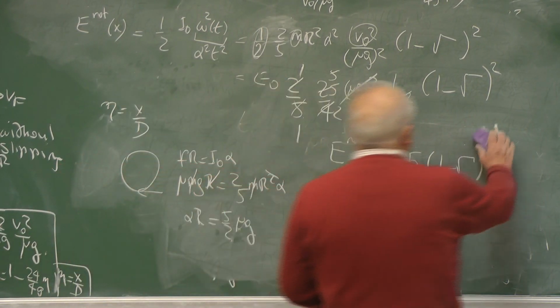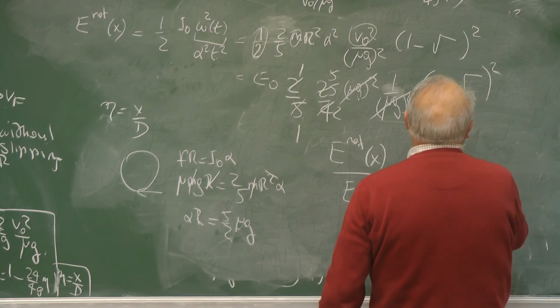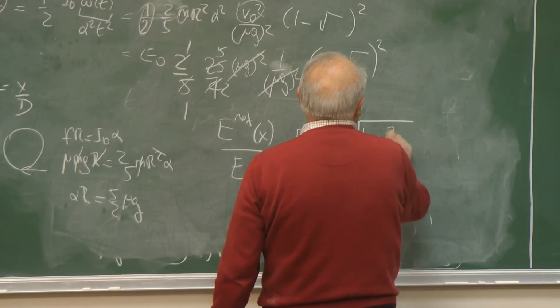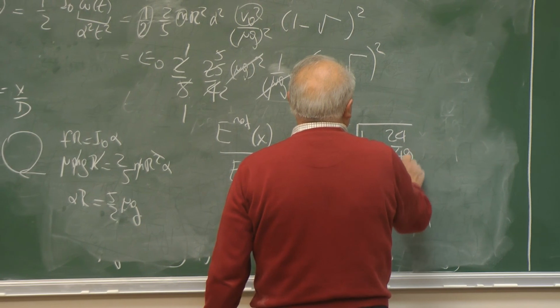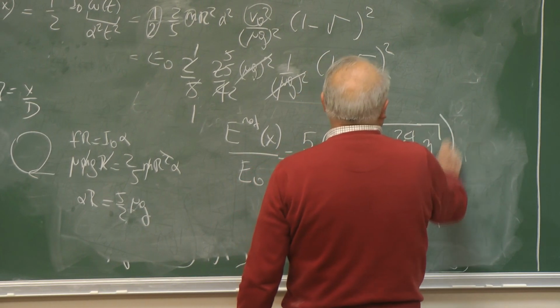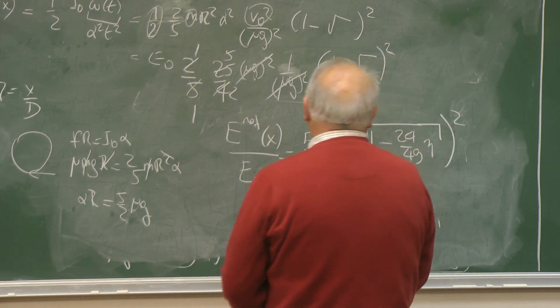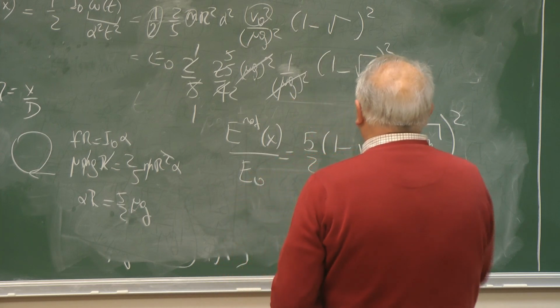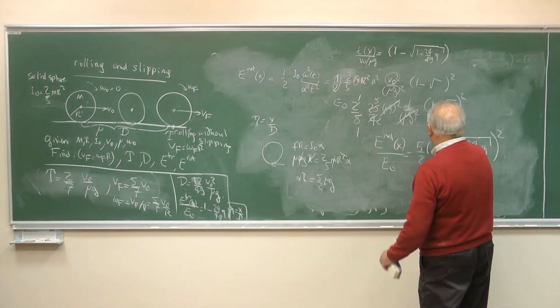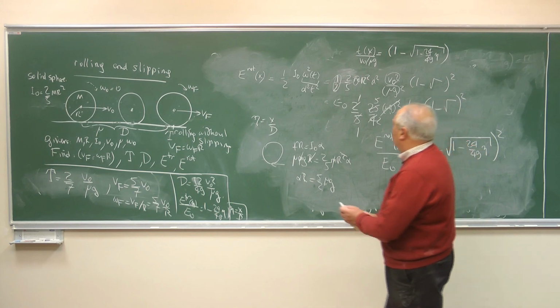Let me write it completely. 1 minus 24 over 49 eta, squared. The square is only on the parenthesis.